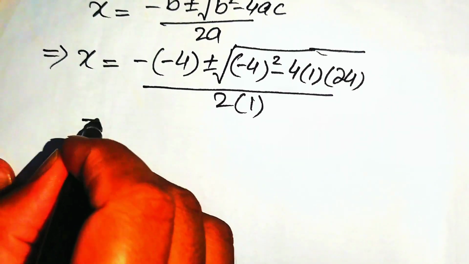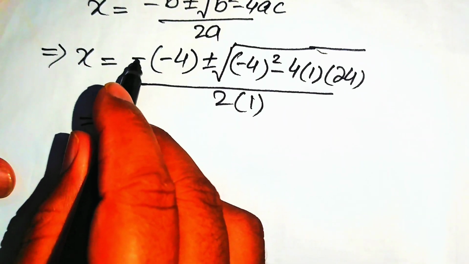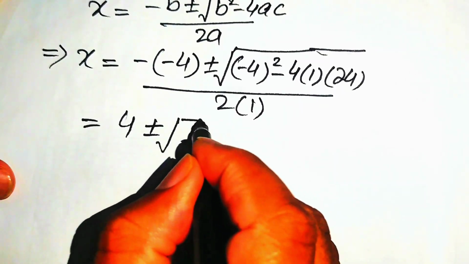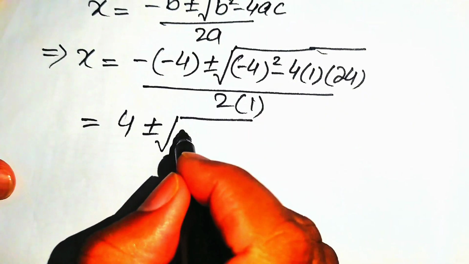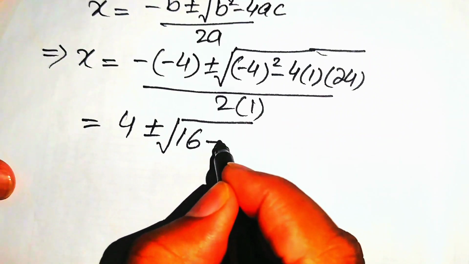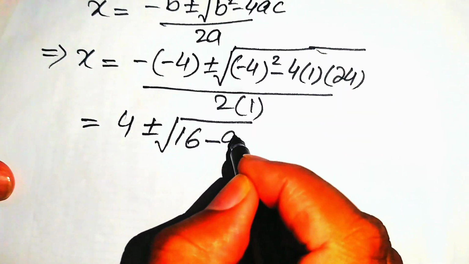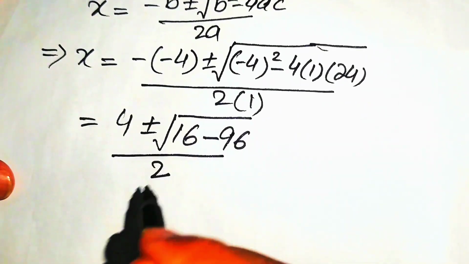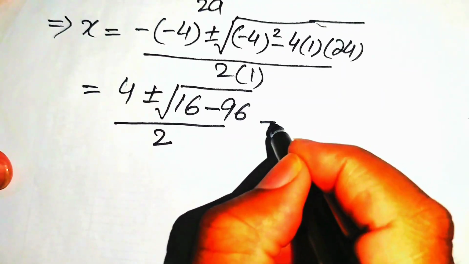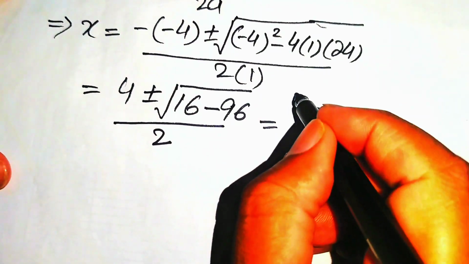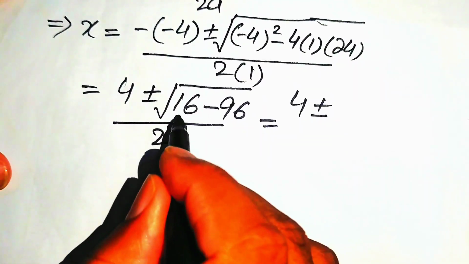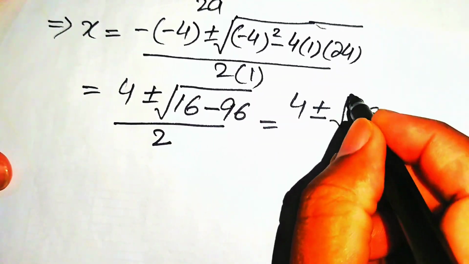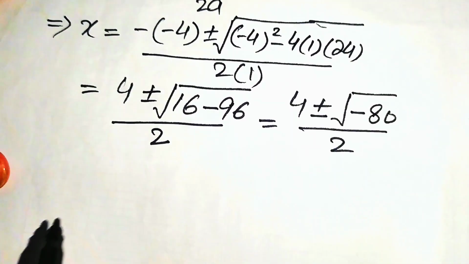Now in the next step, minus times minus becomes plus 4, and plus minus square root of minus 4 square, and this minus 4 square becomes 16, and 4 times 24 equals 96, and this whole divided by 2 times 1 is 2. Here we again simplify the terms and we get 4 plus minus square root of 16 minus 96, which equals minus 80, divided by 2.